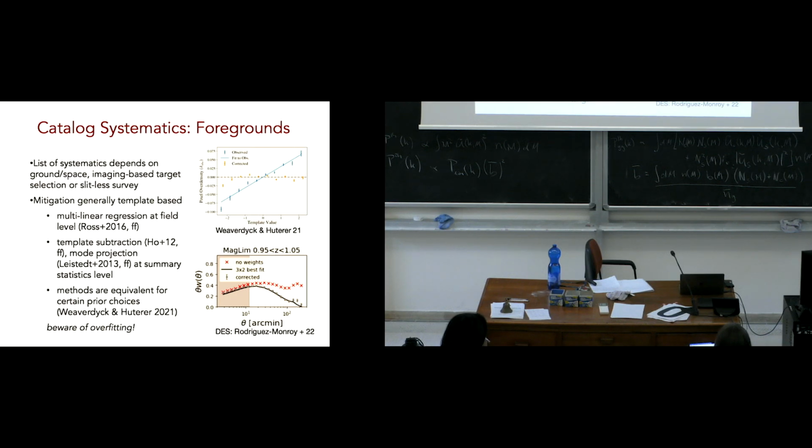This is a simple magnitude limited survey, where red crosses show you the clustering without any weights, and then in gray after correction. Obviously here on large spatial scales, this is a huge effect. I should also say that this sample is much more subject to systematics than the DESI galaxies because we go a lot fainter. So this is one of the worst case examples.